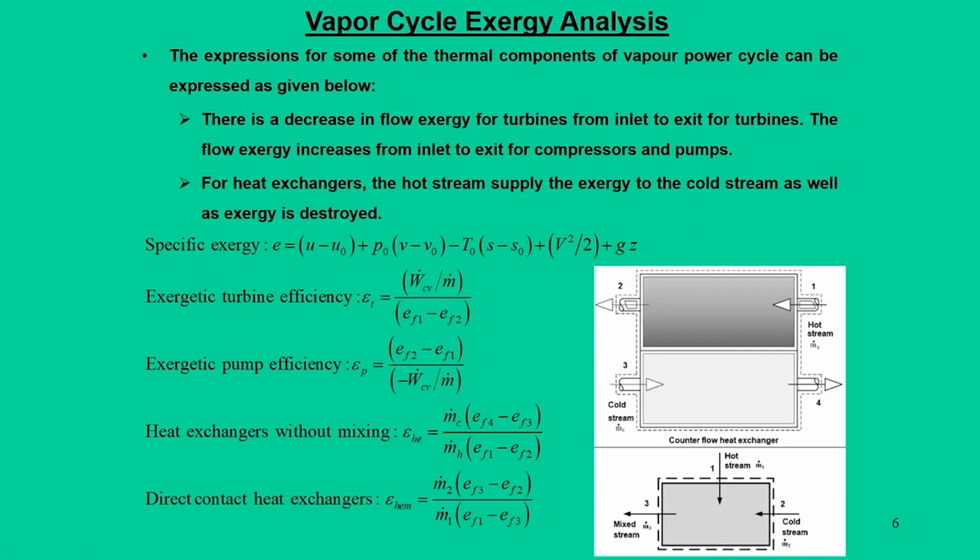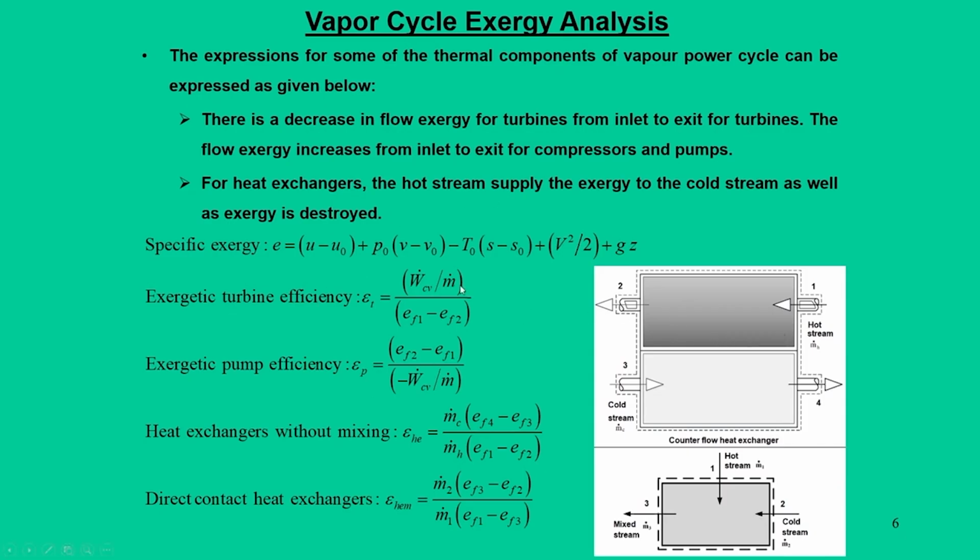Basically, in a boiler, heat is supplied to the system through the combustion products. So, some exergy is carried into the system and exergy is carried out by the system. We are going to model it that way.